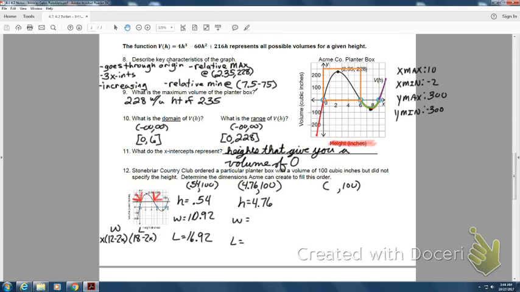Hadn't gotten there. Has anybody gotten that? No, you're going to take 4.76 now. So 12 minus 2 times 4.76, 2.48. And then I do 18 minus 2 times 4.76, 8.48.